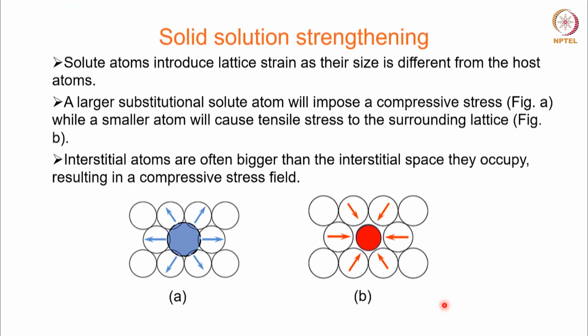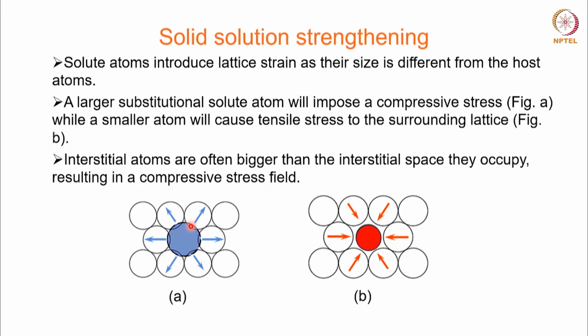So in order to understand that, we first need to understand what happens when you add the solute atoms, the alloying elements, to the parent lattice. I mean, what happens to the parent lattice when some of these parent atoms are replaced by the solute atoms. Okay, so here there are two scenarios.